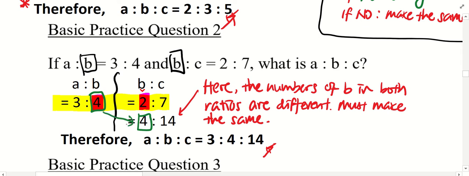So now I have the same representation, 4 units on both sides. Once this is done, I can then go ahead and combine the two ratios into one. 3 is to 4 is to 14.